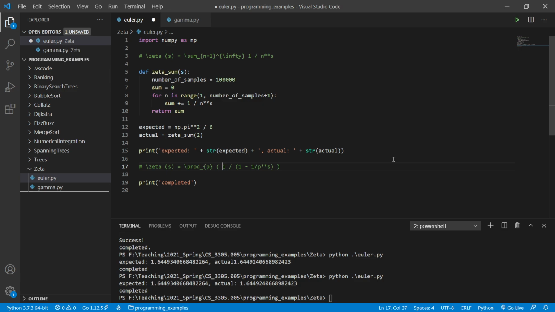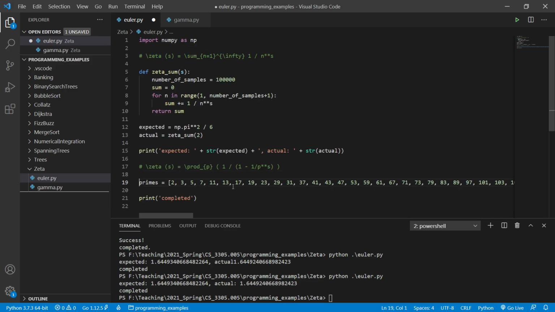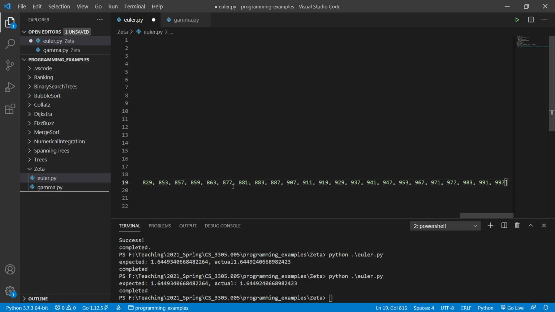Okay, and again, these are the generators of those geometric series, right, using all of the prime numbers. So in order to do this, we need to maintain a list of primes. There's a few ways to get them, but the easiest way is to have a list ready-made, and then to use that. So we're going to use all of the prime numbers less than 1,000.